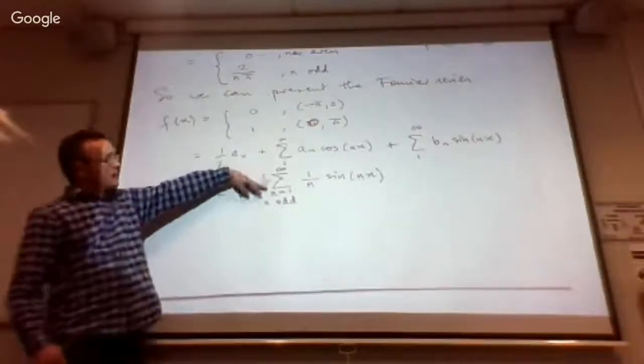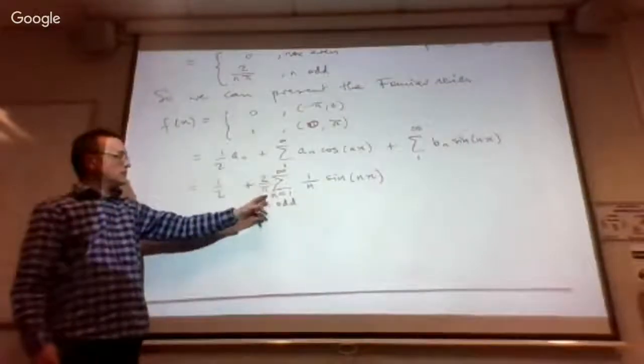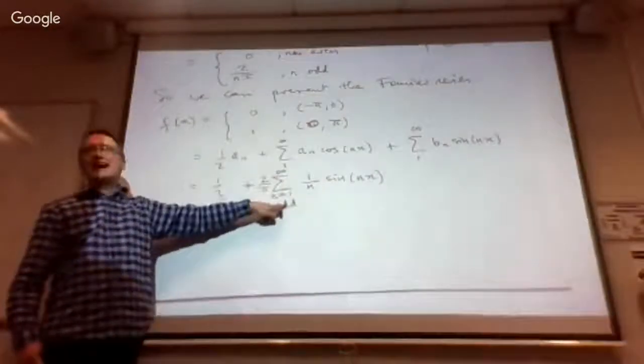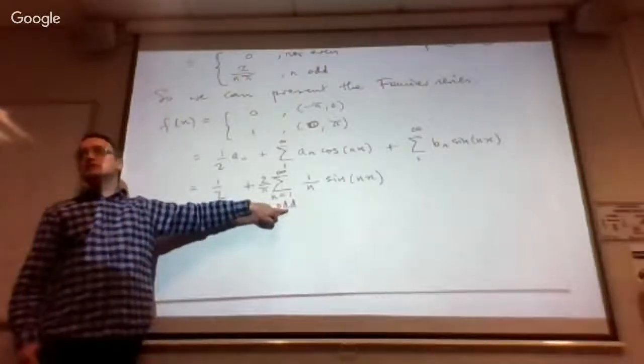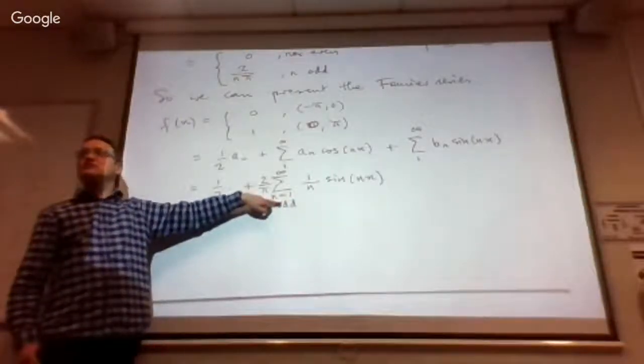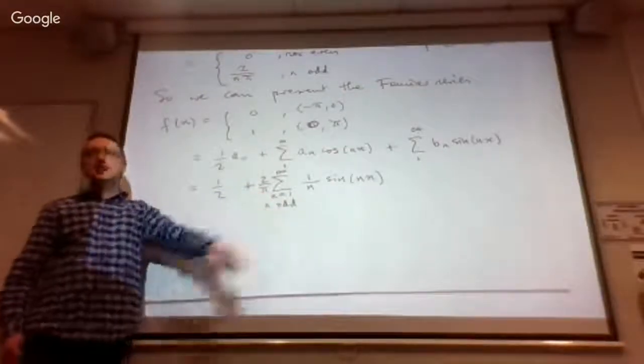Everybody appreciate how we're handling our summation index here? We're summing from every n from 1 to infinity, but we've added a condition: only those n which are odd. So we skip n equals 2, 4, 6, and so on. Yeah, only the odd n.